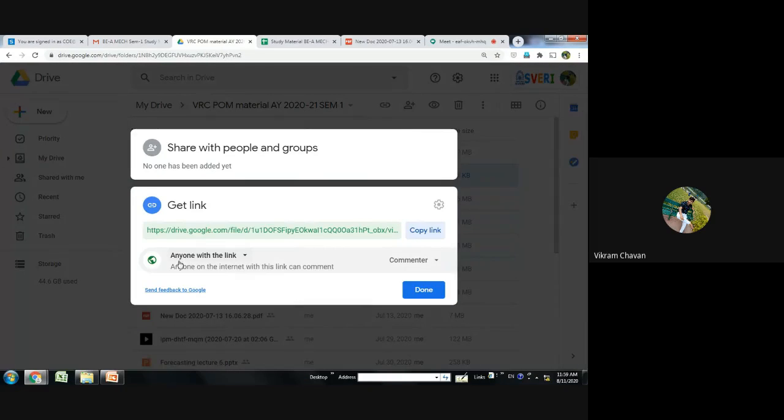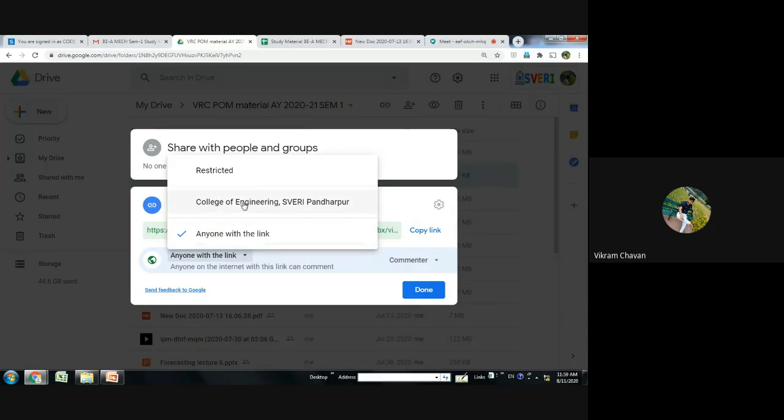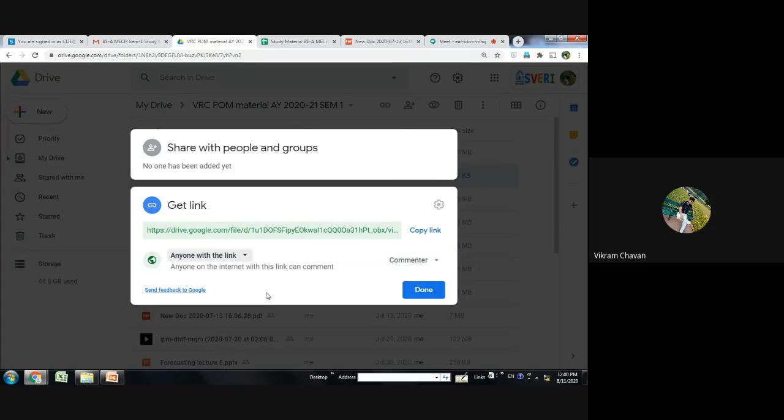So you can see the privacy: anyone with the link. Yes, sir. So is there another privacy for the links? Because I have checked this. There are three privacy options: restricted, College of Engineering Sweri Pandharpur, and anyone with the link. So I have made this anyone with the link, for all the links. Okay, and then I have copied this particular link, and then I have pasted it over here.